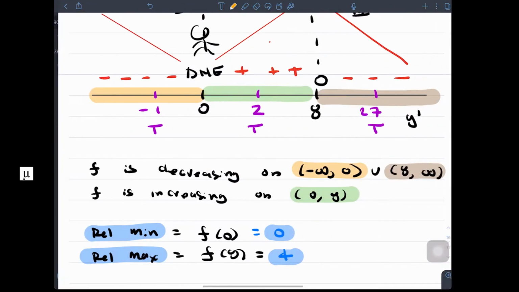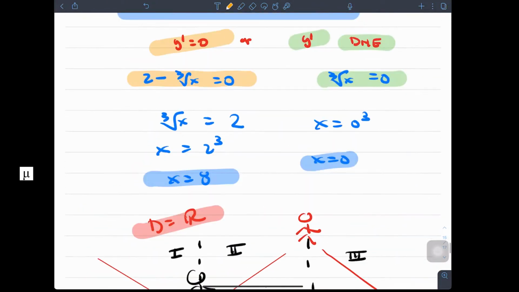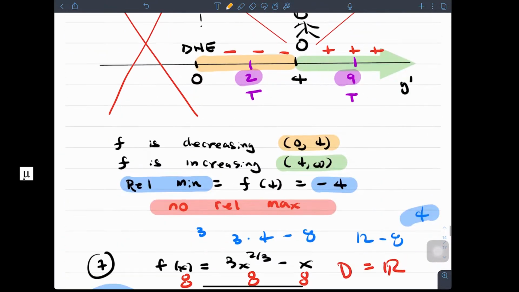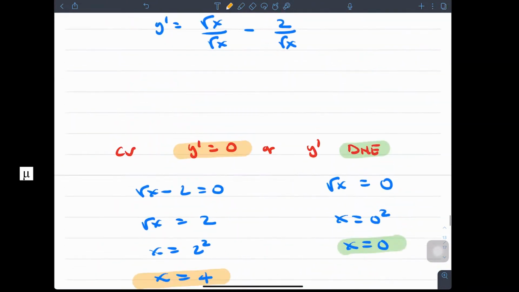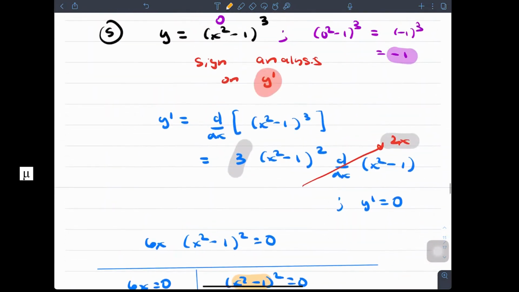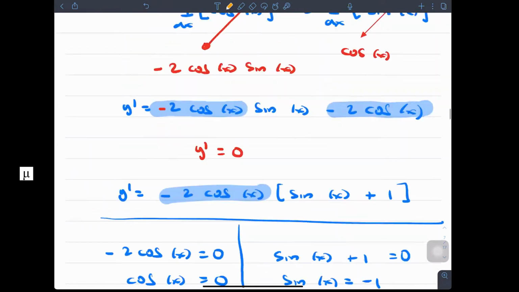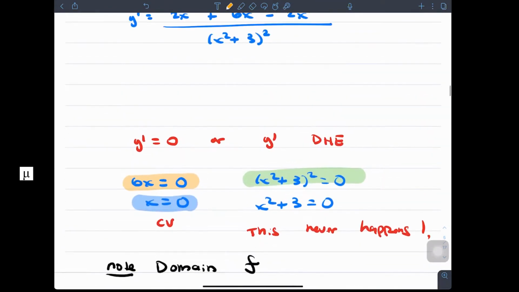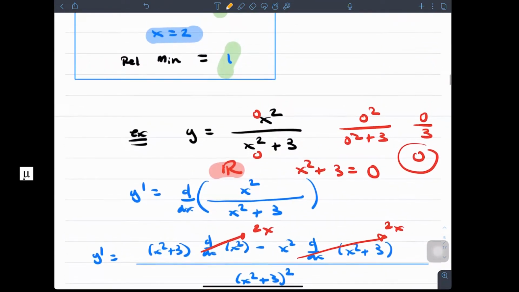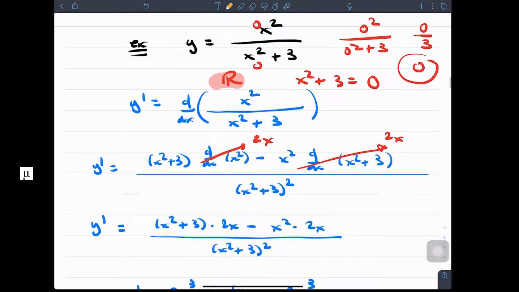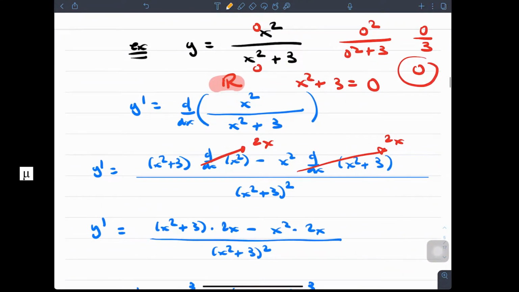Increasing, decreasing. Not that one. Let's go back. I think it was number 2. Was it x squared over x squared plus 1? Is that the one?